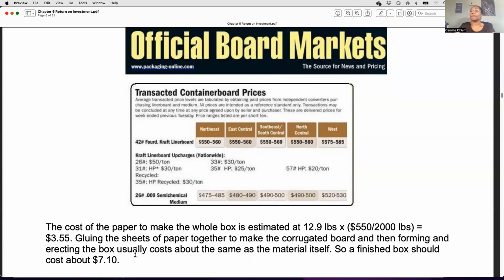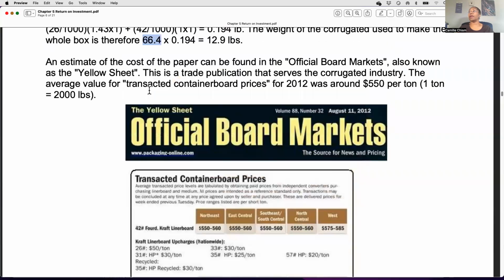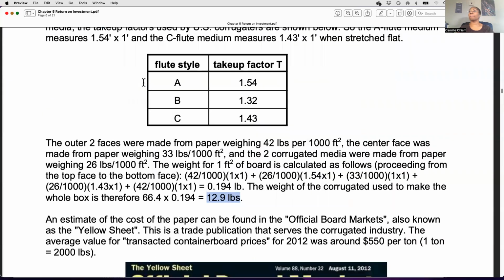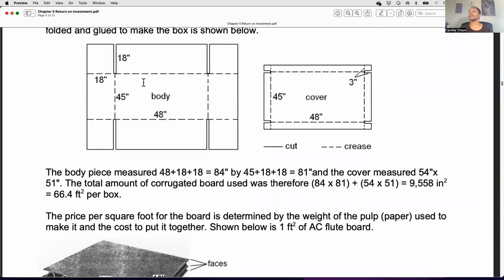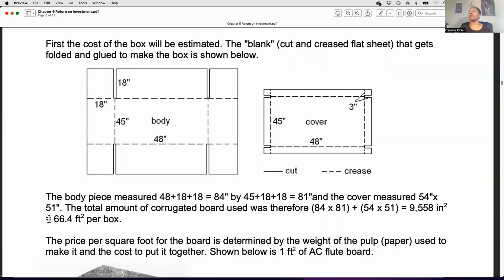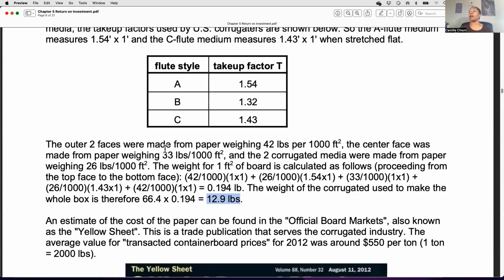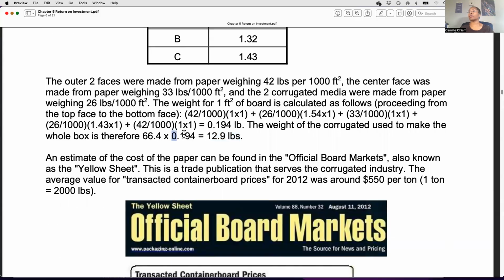Okay, so the cost of the paper for this box, they're saying, the weight again, remember the total weight was 12.9 pounds. So you're going to take that 66.4, which was the amount of board used, times that factor for your weight.